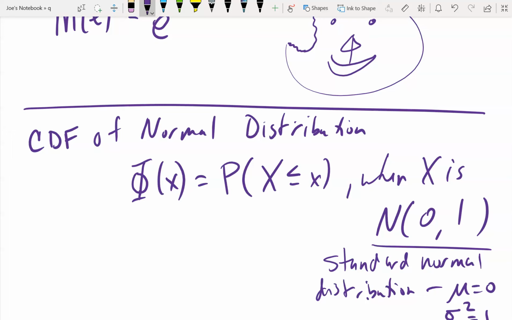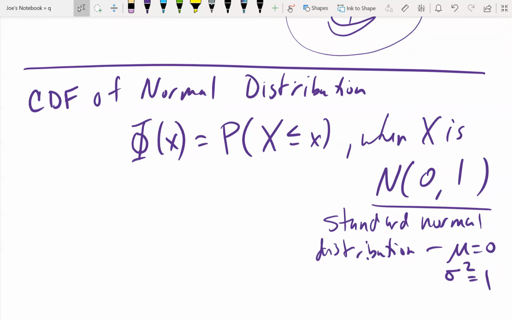Both. Our standard normal is with mean 0 and variance 1. I should be saying variance more anyway, because when you write this notation, the mean goes first and the variance goes second.